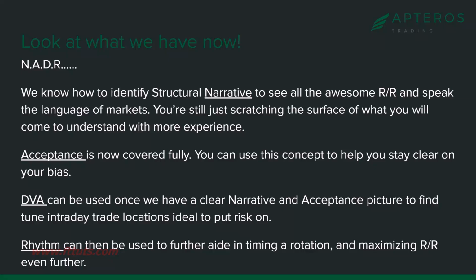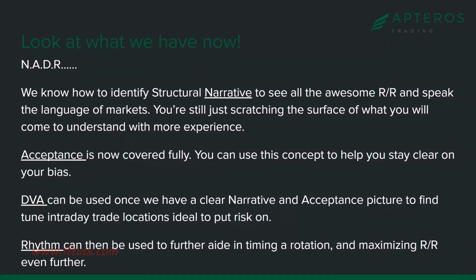In the D, DVA, developing value area, once we have some kind of a trade idea from narrative, and once we have acceptance that says, okay, we've accepted below the level, now you can look short. In DVA, if we're looking short, we could fade an upper extreme of DVA, or we could go with an imbalance down in DVA.